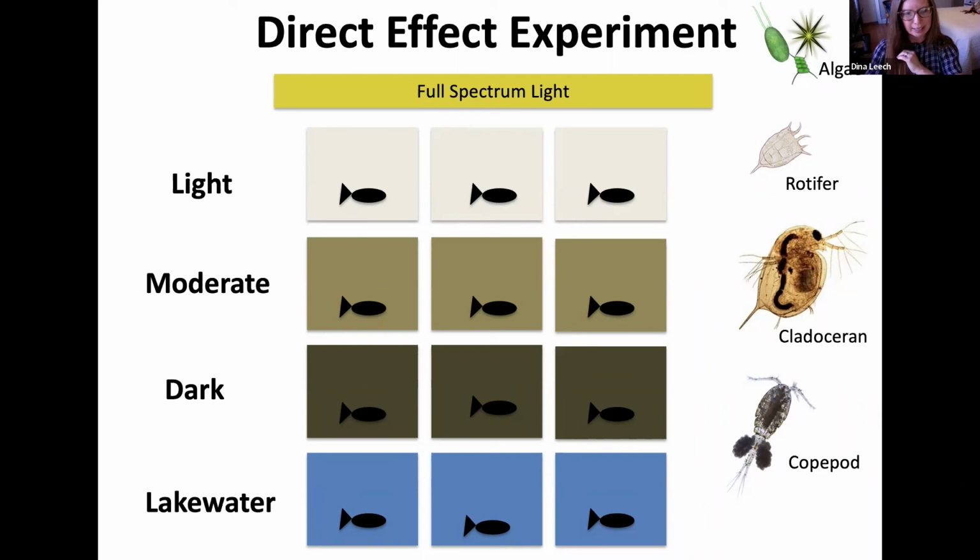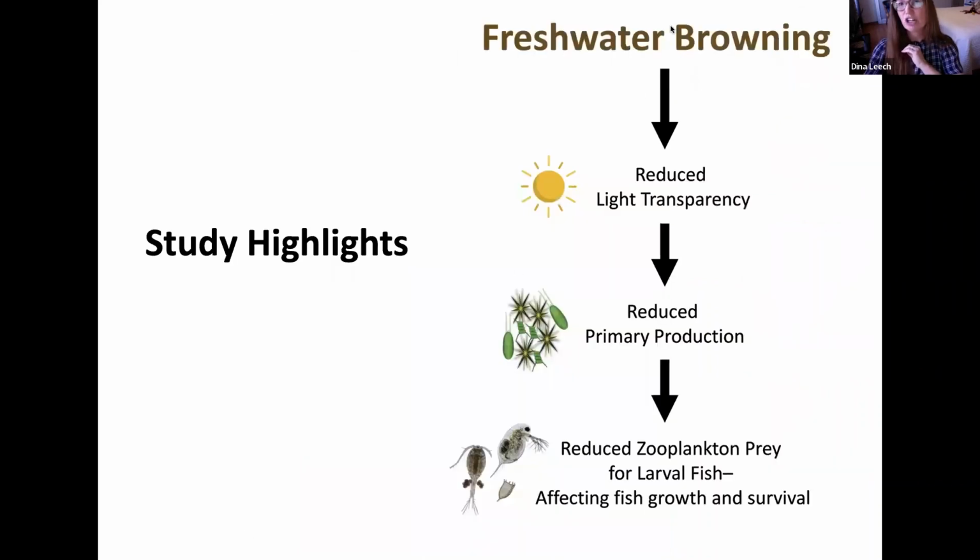But what's happening is that it's more of what we refer to as an indirect effect. So as those fresh waters, or even this could happen in coastal waters, but we were studying fresh waters, begin to brown in color, this reduces the light transparency in the system. As light transparency is reduced, you have a reduction in the amount of algae that's present in the system.